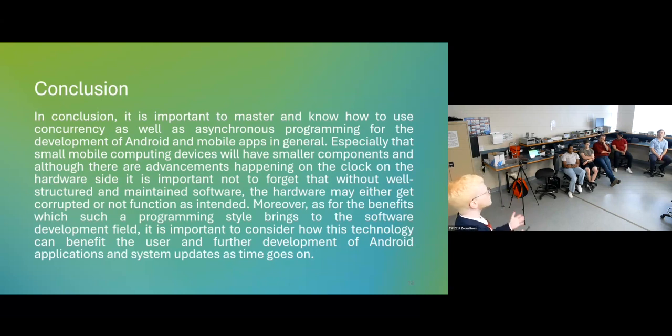Although we are having advancements in hardware and CPU capabilities, we do still need to make sure that we use every single bit of these resources efficiently, not just using it in the traditional way, like the previous programming style with previous threads, async task, and RxJava.